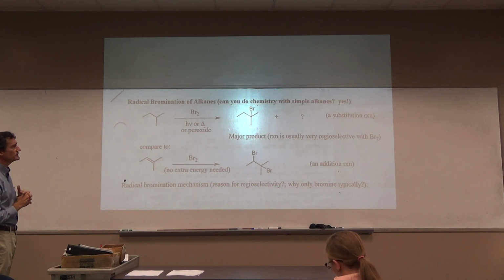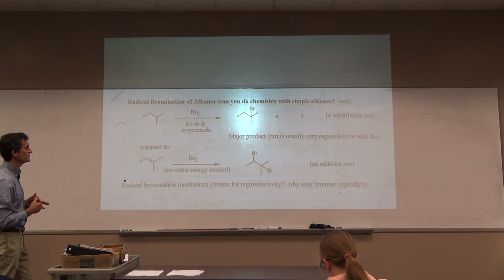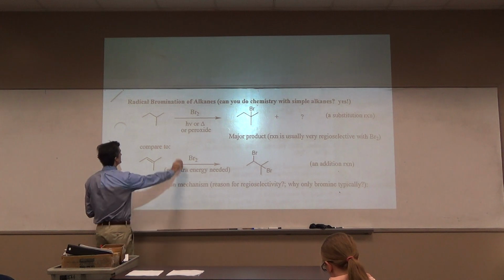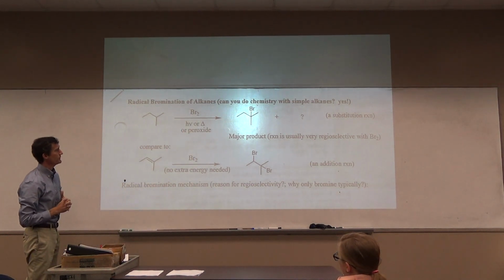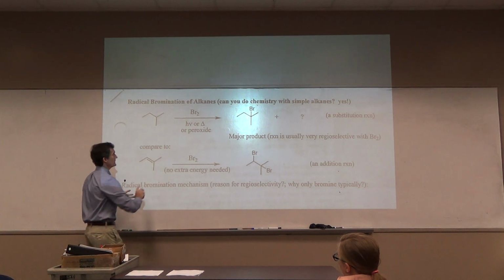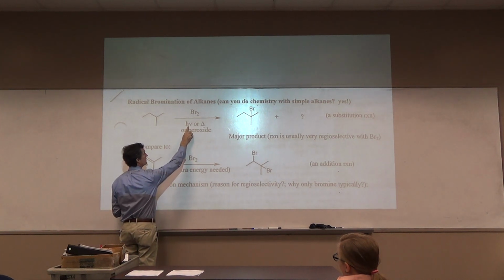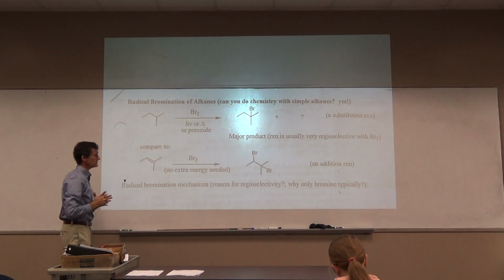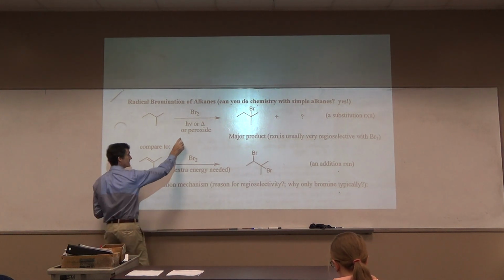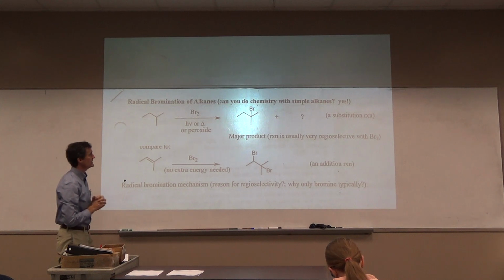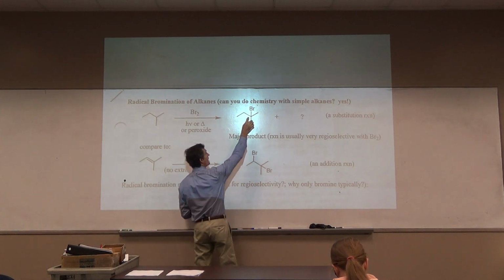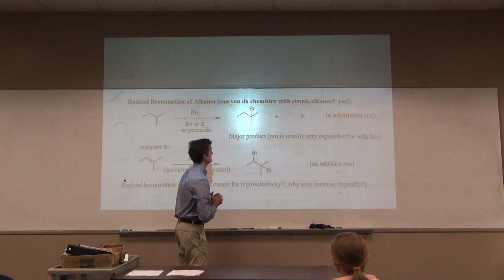Bromination tends to be more selective and higher yielding. An example reaction: if you take this alkane and react it with elemental bromine in the presence of light, h nu, or heat, or peroxides, you can get a reaction and end up with a bromine now bonded to your alkane.